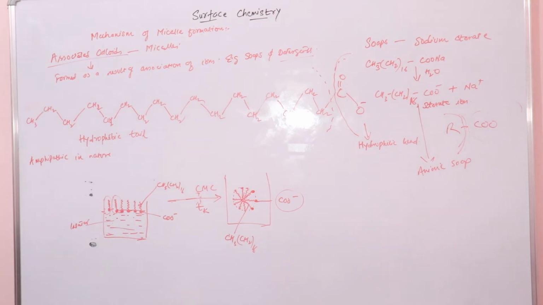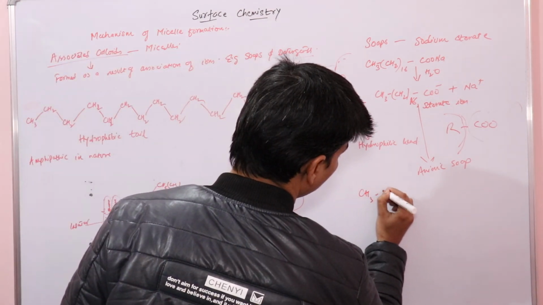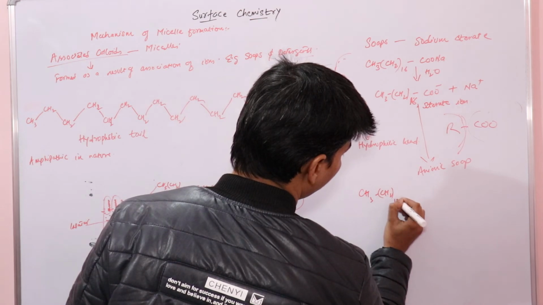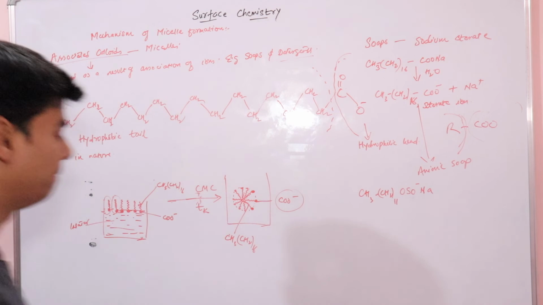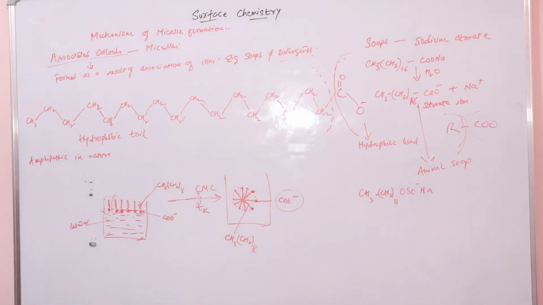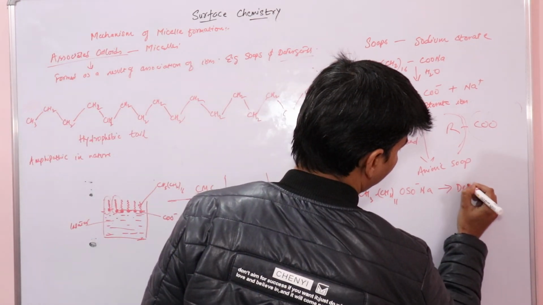So sodium lauryl sulfate is a detergent. This is an anionic detergent which consists of 11 methylene groups. Formula is CH3 CH2 O SO3 minus, sodium lauryl sulfate. This is a detergent.